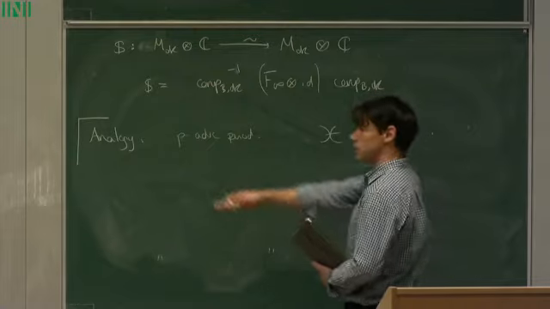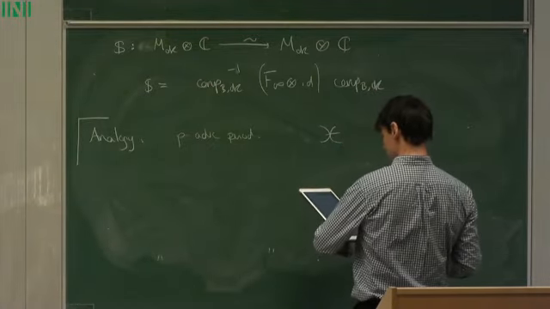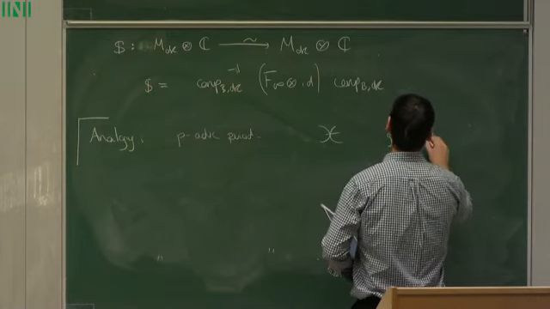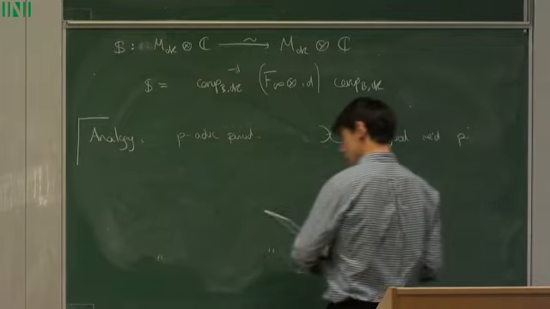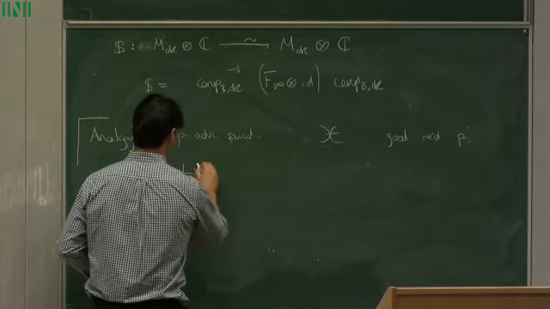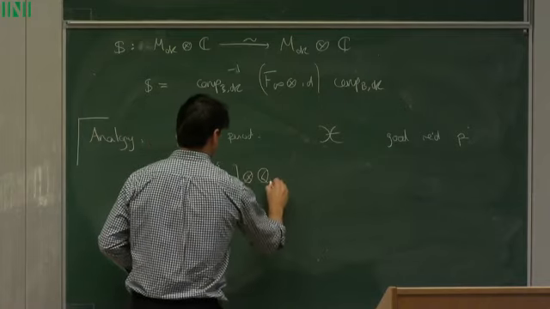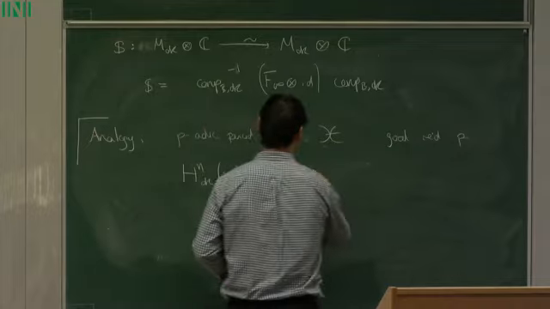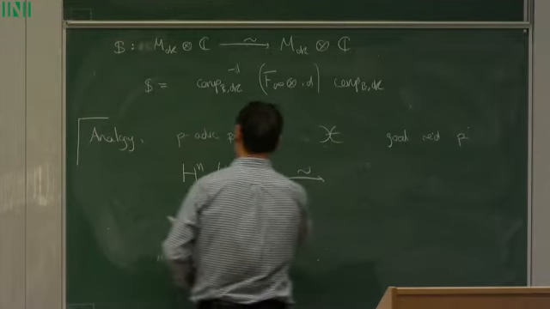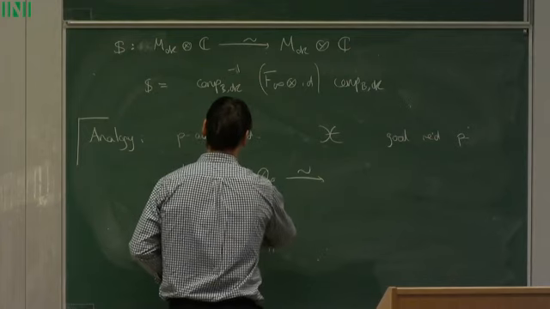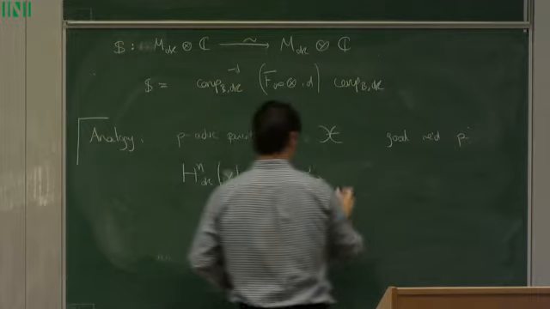Its generic point is the Q_p points of Y minus a mod b. Then you have crystalline cohomology H^n of X.